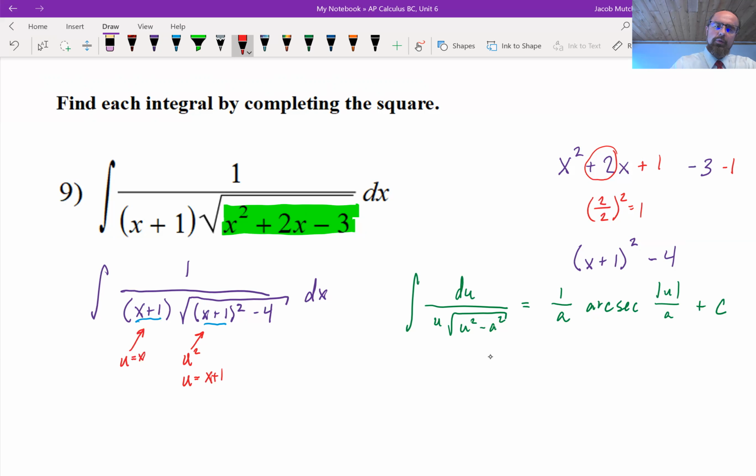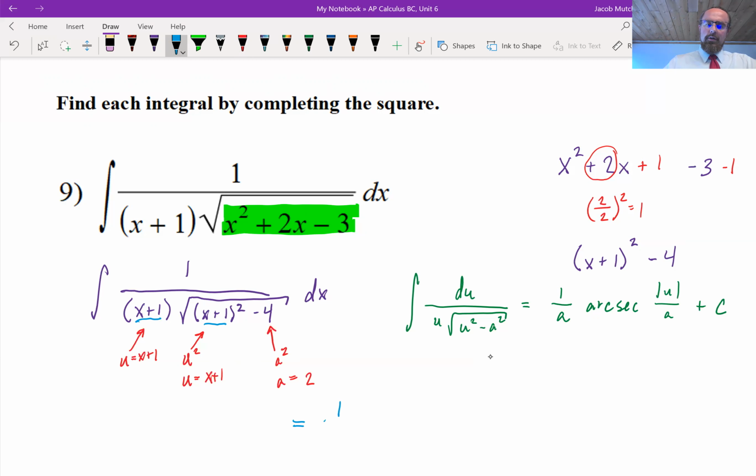U is x plus 1. My a squared is going to be the 4. So a itself, if I take square root of 4, a is going to be 2. And again, I've got it into the pattern. Now I just need to substitute those values for u and a into the established rule. We'll integrate.